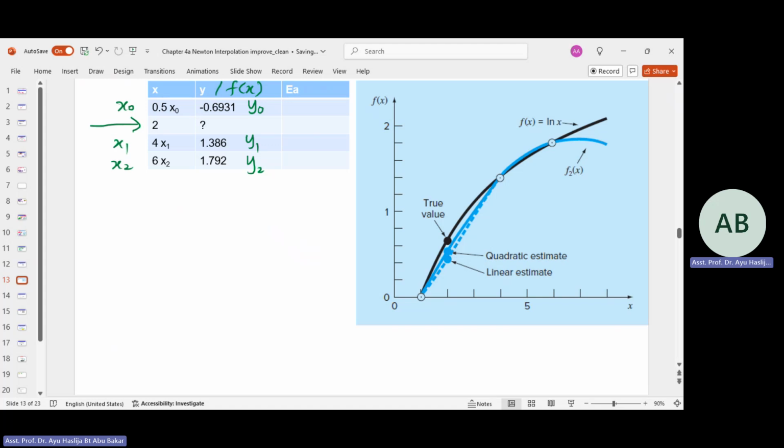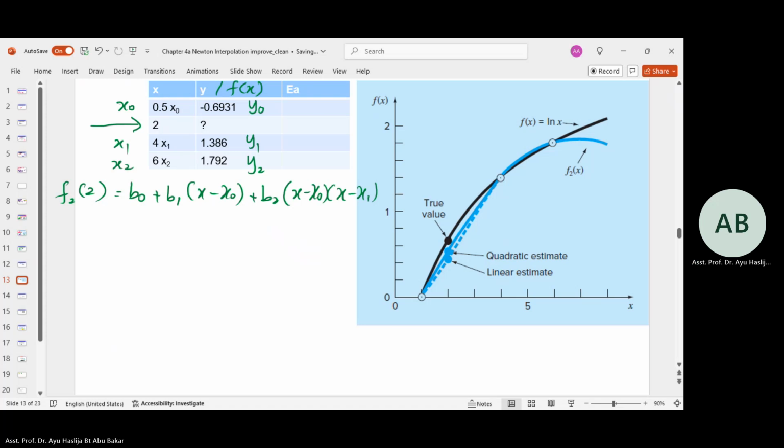It means the same thing. Then from this data point, we know that f2,2 equals B0 plus B1 times x minus x0 plus B2 times x minus x0 multiplied by x minus x1. So these are the equations involved, the main function.